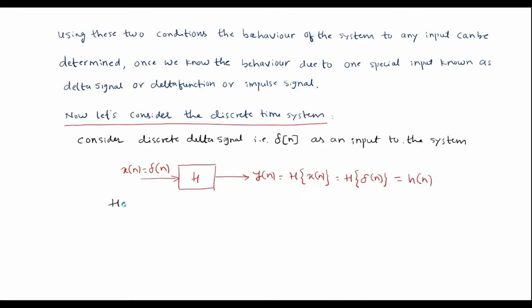So here the function h of n is known as impulse response of the system.